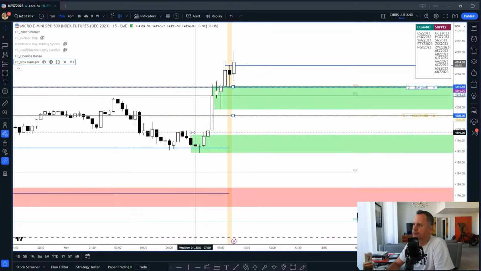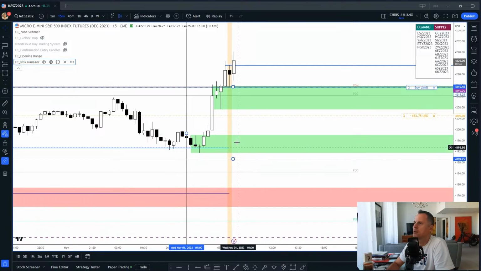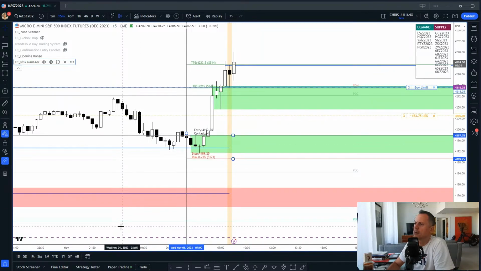Move this here. Grab that stop loss, bring it below. Grab your entry, right there. This one, 1%, you can do 4 contracts, $171.